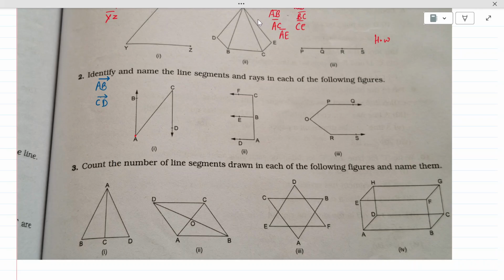And which one is the line segment? AC, because A and C are both fixed and they are joined. So AC is a line segment denoted by this. These are the rays and this is a line segment.